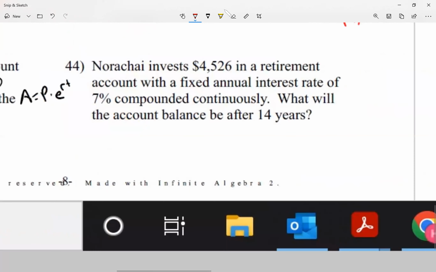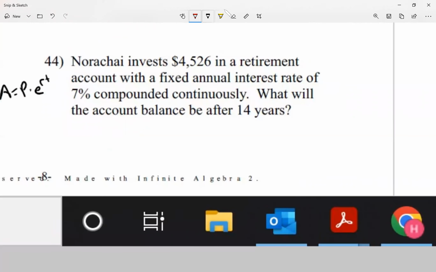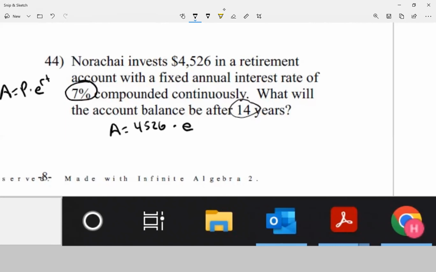Now let's take a look at number 44. The amount, what I'm finding out, is 4,526 times E to the, I see 7% for 14 years. I'm thinking 0.07 times 14. So I get 0.98.